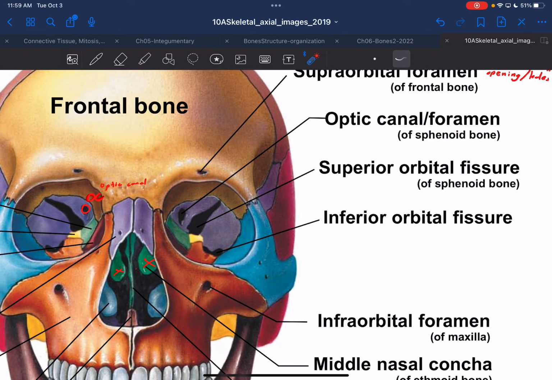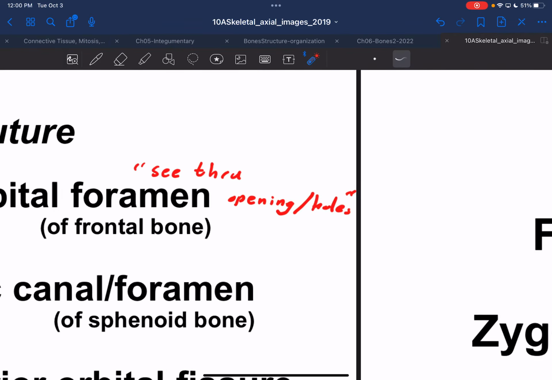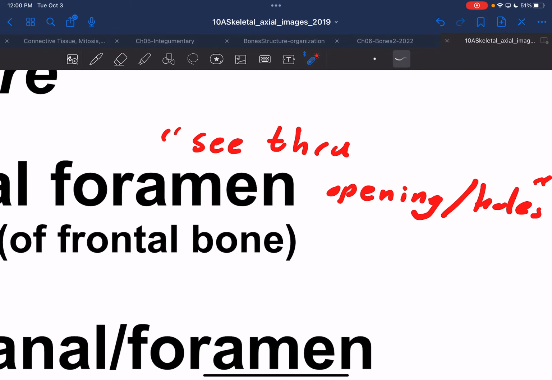And so you can see that you have an opening up top, the orbital, and below. Let the orbit remind you of the name. Supraorbital and infraorbital foramen. Pardon, say again? It says see-through openings or see-through holes.